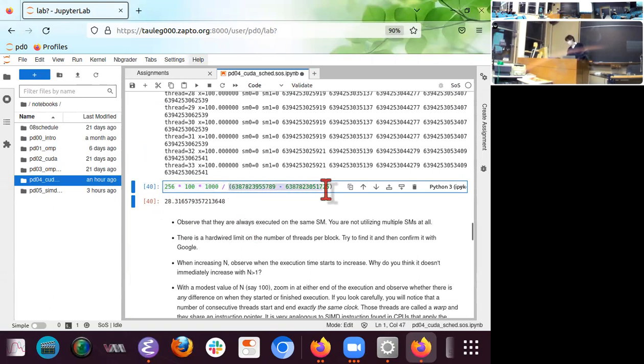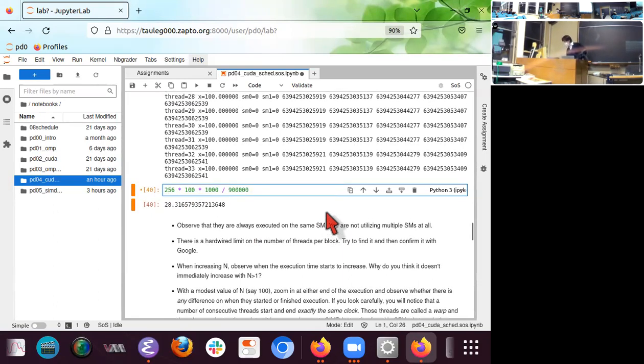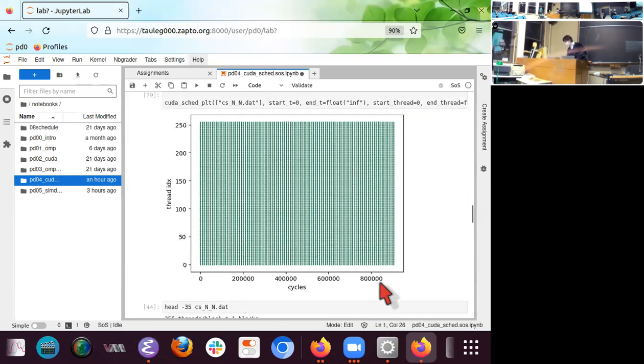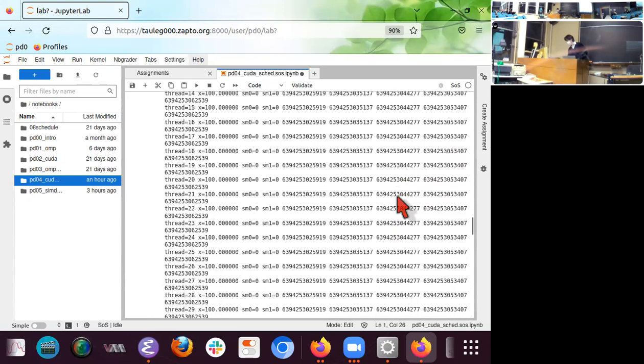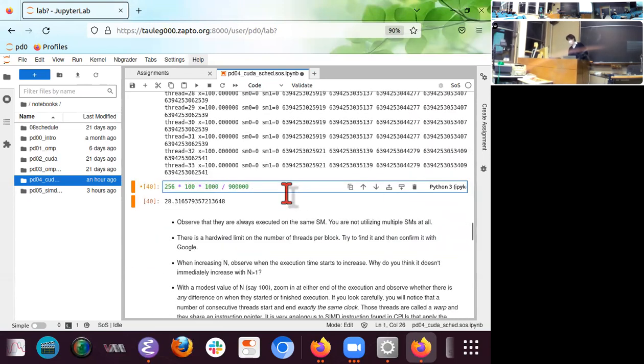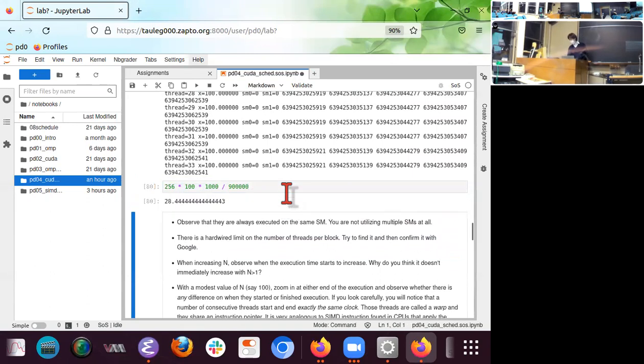And from looking at the graph, it took something like 900,000 cycles, right? So this is the number of FMAs performed every single cycle on average. So you get something like 28.